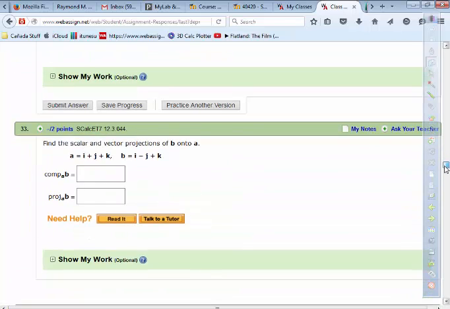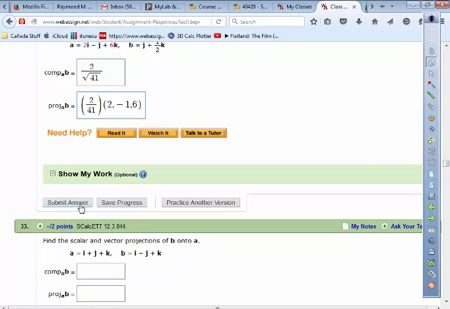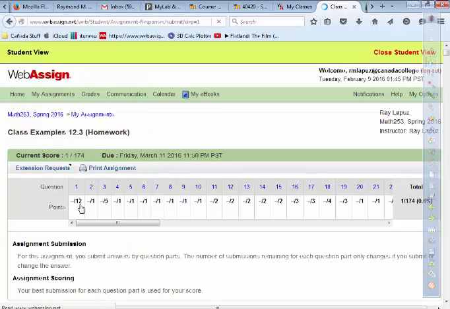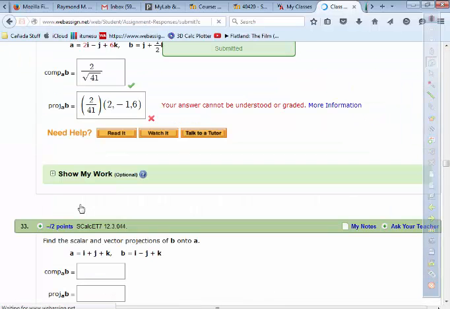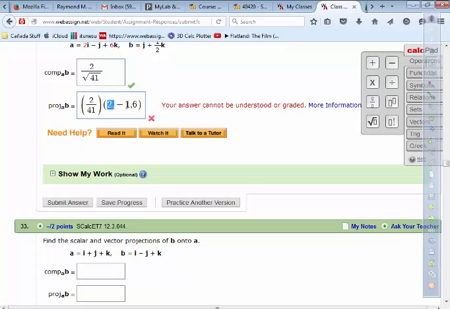Is there a way to check this? Let's check it. Yeah, always got my fingers crossed. Oh well. Oh, so your answer could not be understood. So let me try.